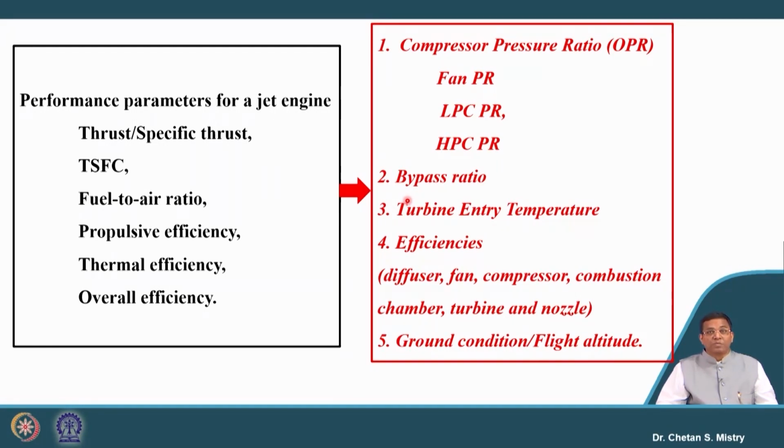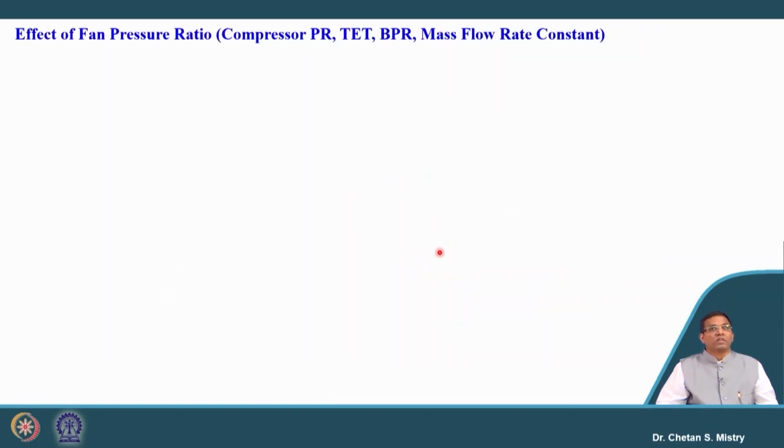Since this is a single spool configuration, we will not have the LP compressor and HP compressor. We consider a single compressor, so we take that as the compressor pressure ratio. We have the bypass ratio for this turbofan engine, turbine entry temperature, different efficiencies, and here we are discussing our results under the flight condition. Okay.